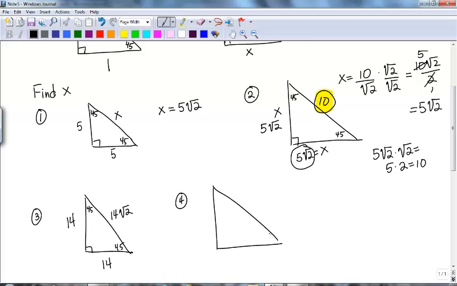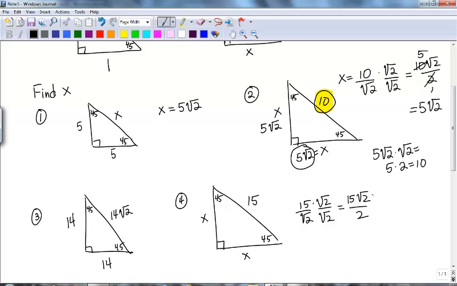On this one, if I said this was 15 and I want to know what's this side, divide by radical 2, and then you have to rationalize it. So multiply by radical 2 over radical 2. So you get 15 radical 2 over 2, and that's your answer. Don't go any further than that. That's reduced. 15 halves is reduced. You don't have to go to 7.5 radical 2. Just leave it just like that.